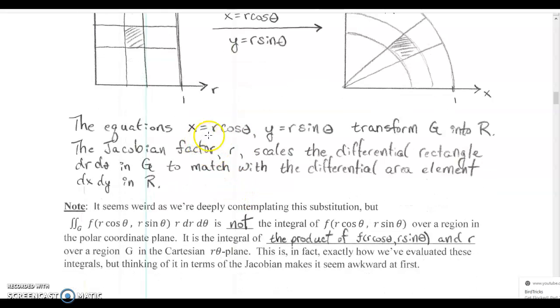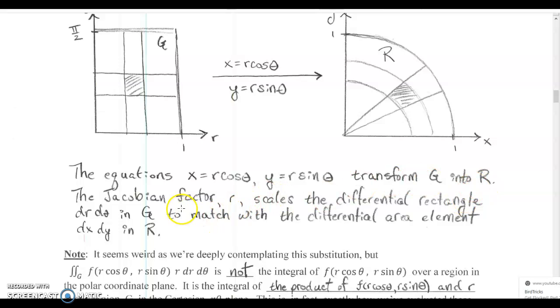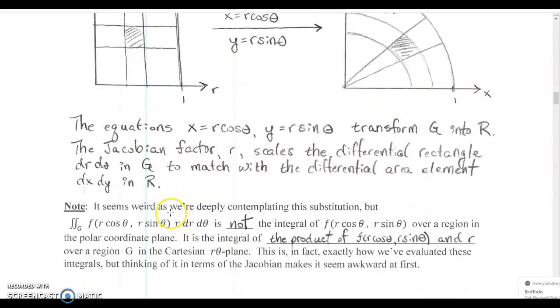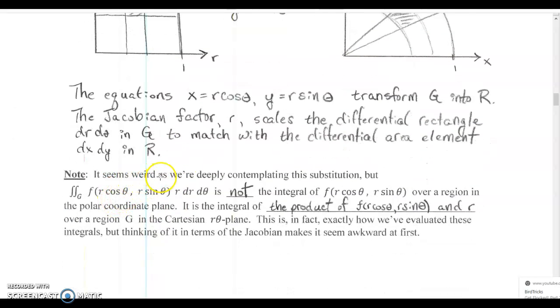So the equations x equals r cosine theta, y equals r sine theta transform G into R. The Jacobian factor r scales the differential rectangle dr d theta in G to match with the differential area element dx dy in R. Okay, now it seems weird because we're contemplating this deeply, this substitution, but the integral over G of f of r cosine theta, r sine theta times r dr d theta is not the integral of f of r cosine theta, r sine theta over a region in the polar coordinate plane.